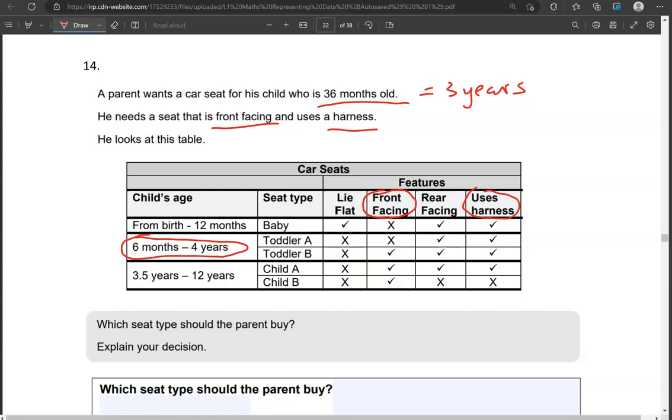And within this row, toddler A, the seat type, doesn't have both of them ticked, but toddler B does.